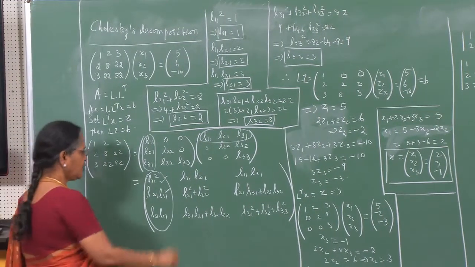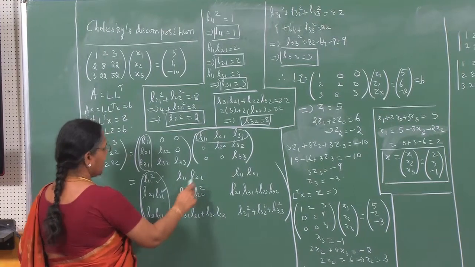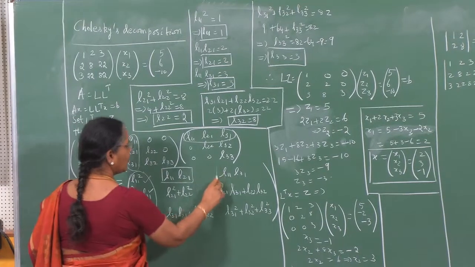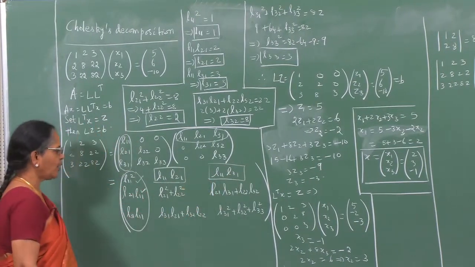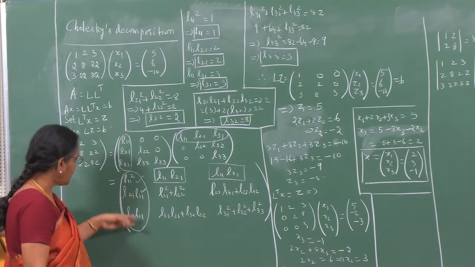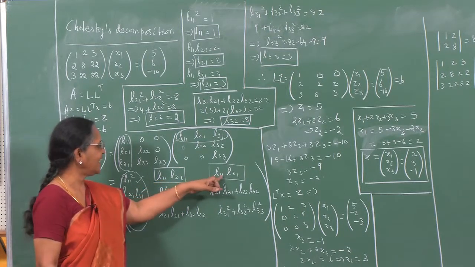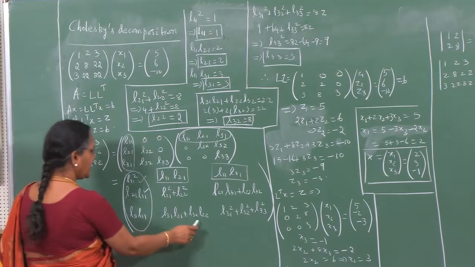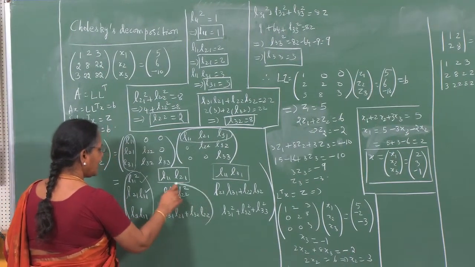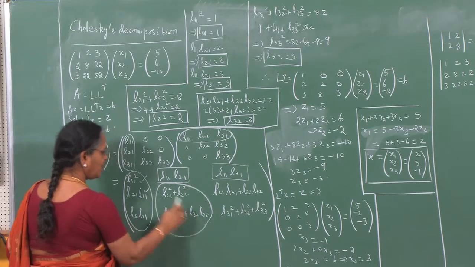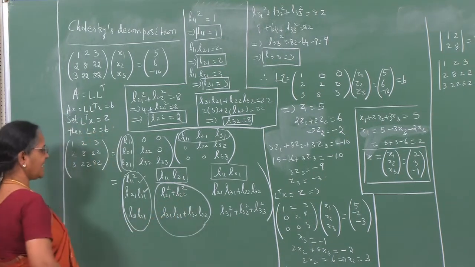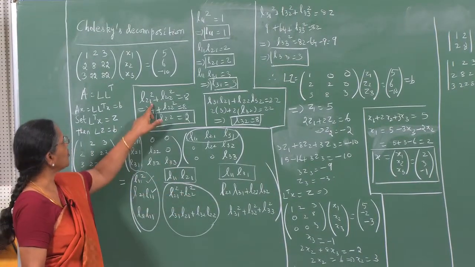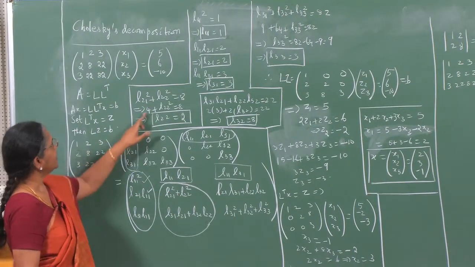Now, you move over to the entries where you have already determined L11, L21, and you have already determined L31, L11, because the entries which appear here are the same as the entries which appear here. So, we need to make use of the values which correspond to these entries in the matrix A. So, I consider L21 square plus L22 square and equate it to 8.